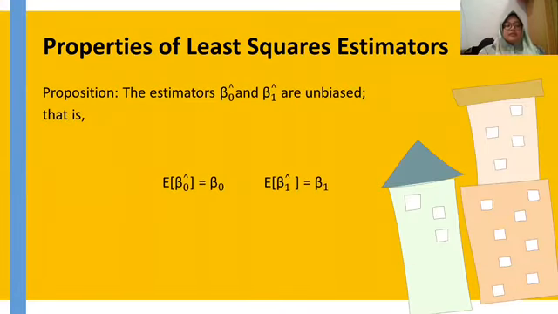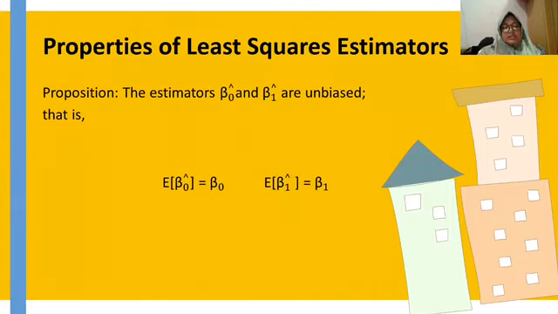In part 3 we are going to discuss the property that the estimators beta hat 0 and beta hat 1 are unbiased.